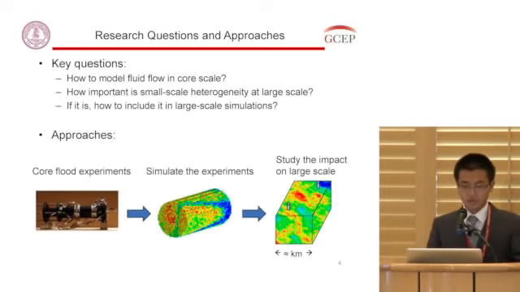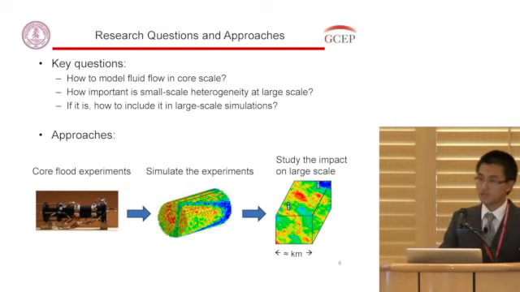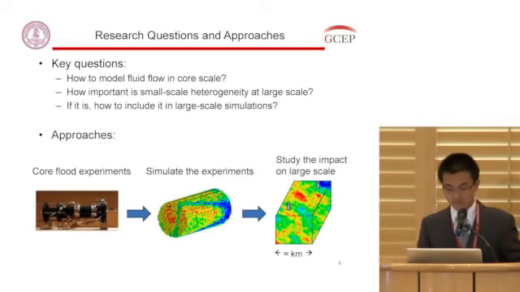Our approach is, we first perform core flood experiments to reveal the fluid flow and the physics in core scale. Then we perform high-resolution simulations trying to reproduce the experimental results and understand the core scale physics. Then we can use what we understand to study the impact on larger scale.